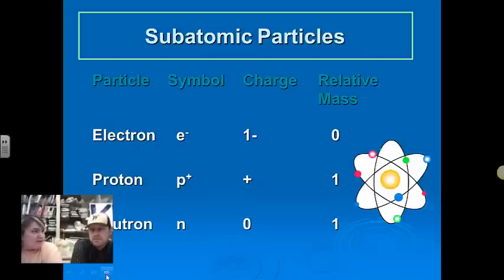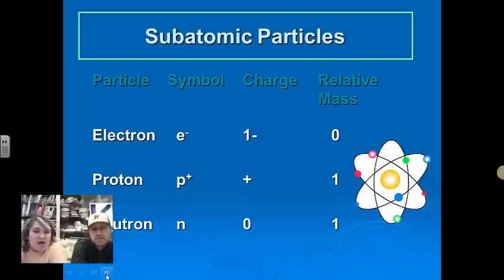What are the three particles of an atom? So we've got protons, neutrons, and electrons. Okay. Tell me about an electron. So electrons have a negative electric charge. They have such a small mass. They have a mass, but it's so small that we call it zero. Okay, because everything has to have mass. Gotcha.